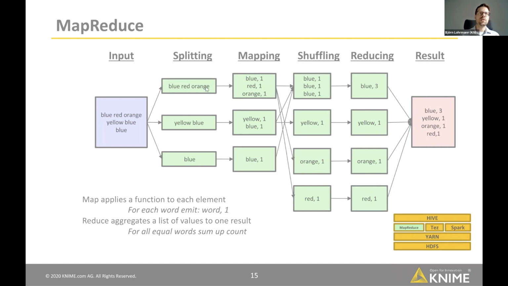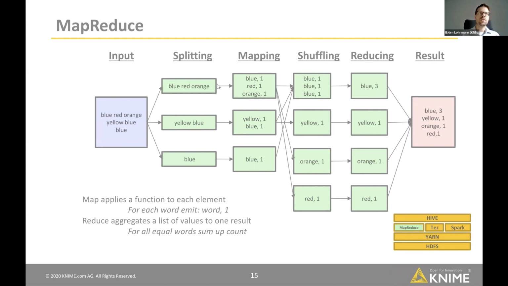The first phase is the mapping phase, where basically on the blocks in HDFS that we've seen, each of those blocks has a certain amount of words in it, and mapping would read this block, parse out the words from that, and assign the count 1 to each word.